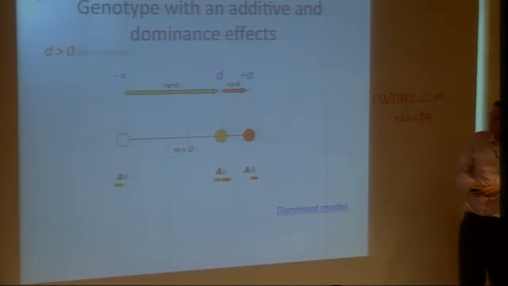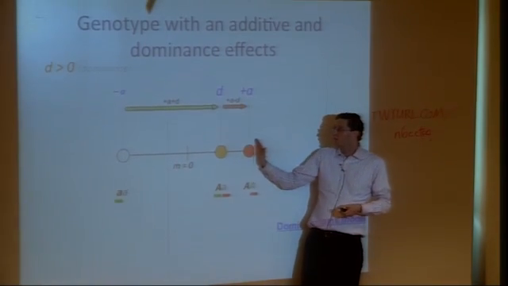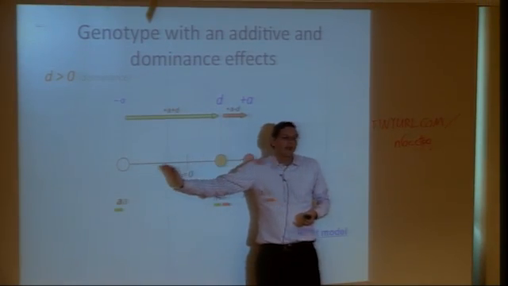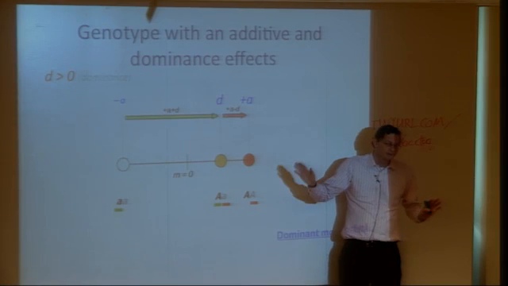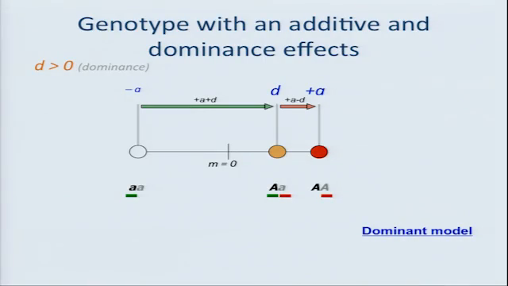And so when we introduce dominance, what we're doing is we're moving this heterozygote class towards one or the other. Now, you can have overdominance. It's not super common, but it does happen. There are experimental conditions whereby you see a higher trait value mean for an individual that is heterozygous than either homozygote. But by and large, most of the things that we seem to be able to detect at this point in time act additively and almost completely additively, although those are the things that we identify most rapidly.